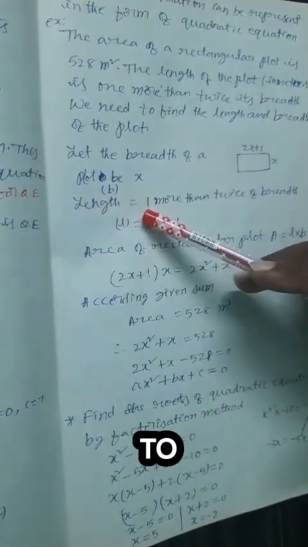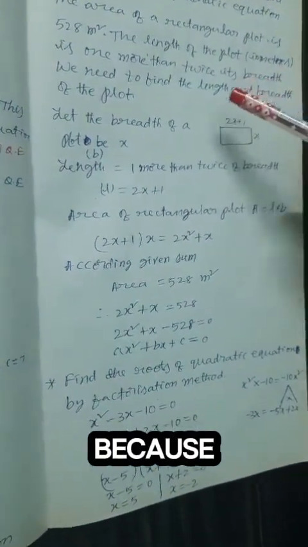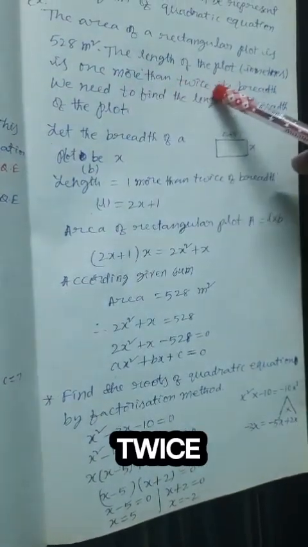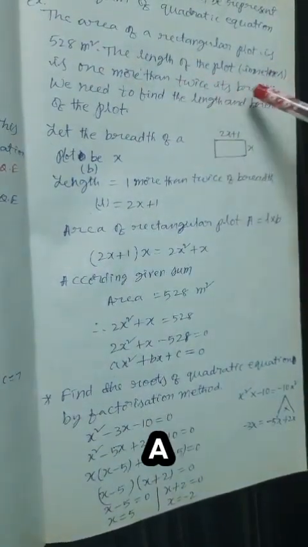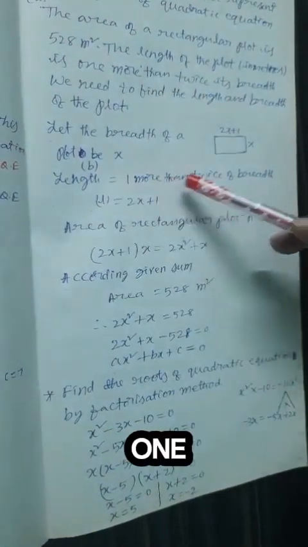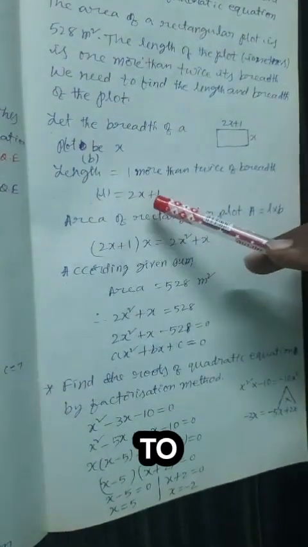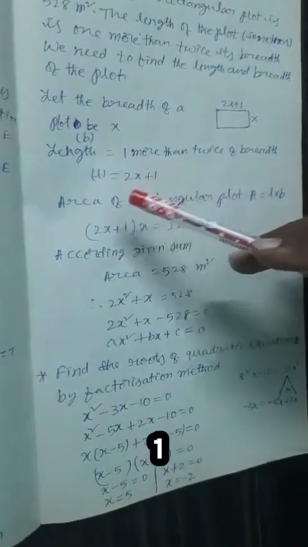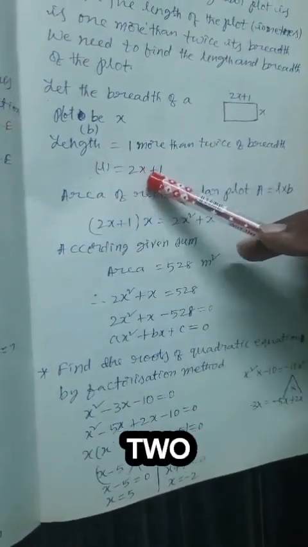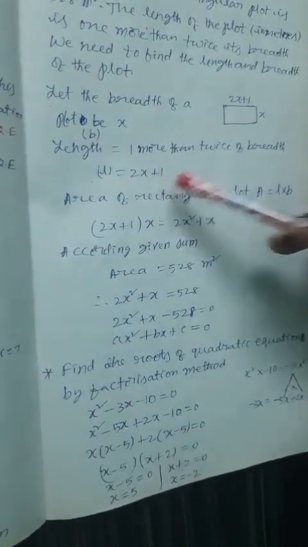Length is 1 more than twice its breadth, that is the given condition. That's why we write L is equal to 2x plus 1, because twice means 2 times the breadth, plus an extra 1 more than.